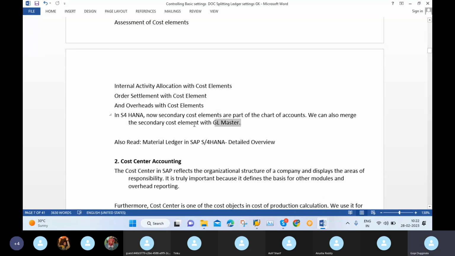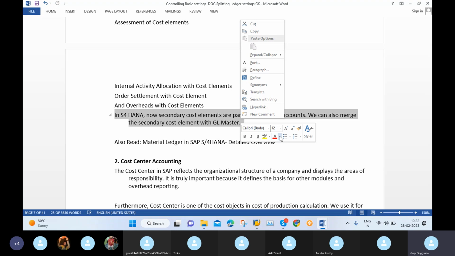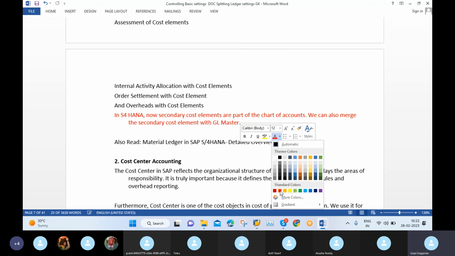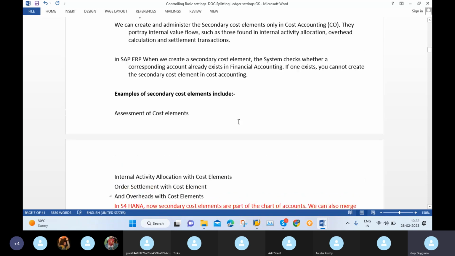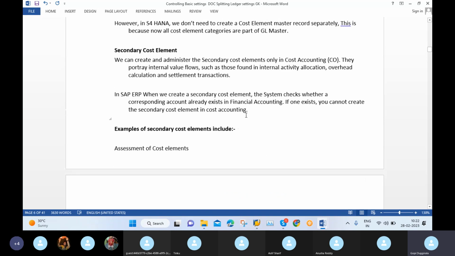And here in SAP S4 HANA, now secondary cost elements are part of the chart of accounts. We can also merge the secondary cost element with the GL master. This is the main difference between SAP ECC and SAP S4 HANA. See what we mentioned earlier: secondary cost elements were created only for controlling purposes in ECC.